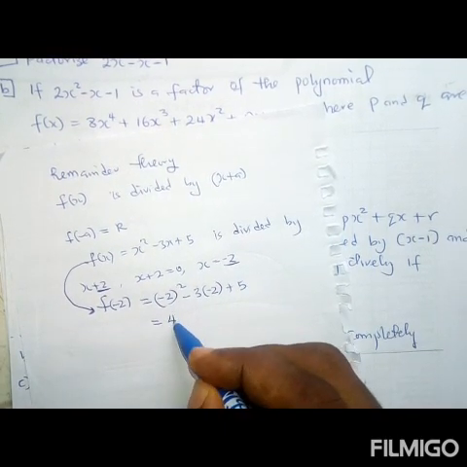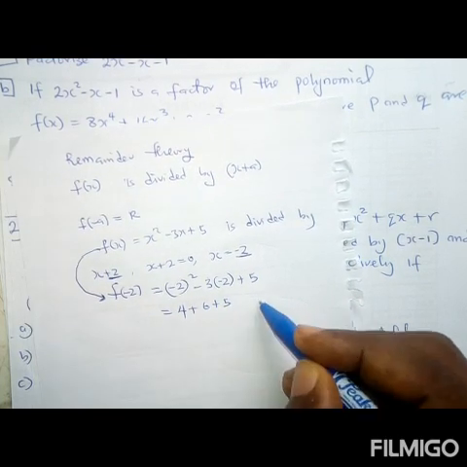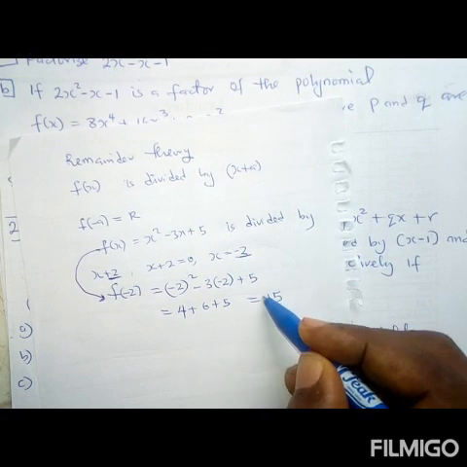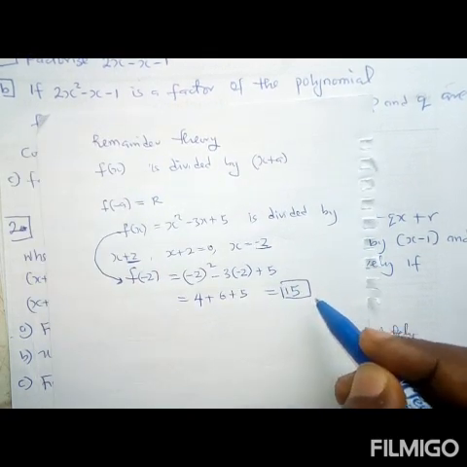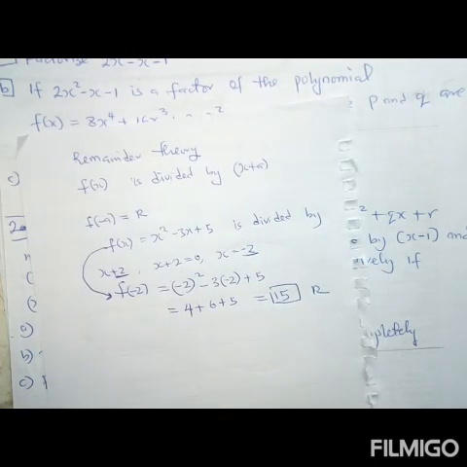This will give you 4 plus 6 plus 5. This is 15. This 15 is the remainder. That is what remainder theorem is stating.